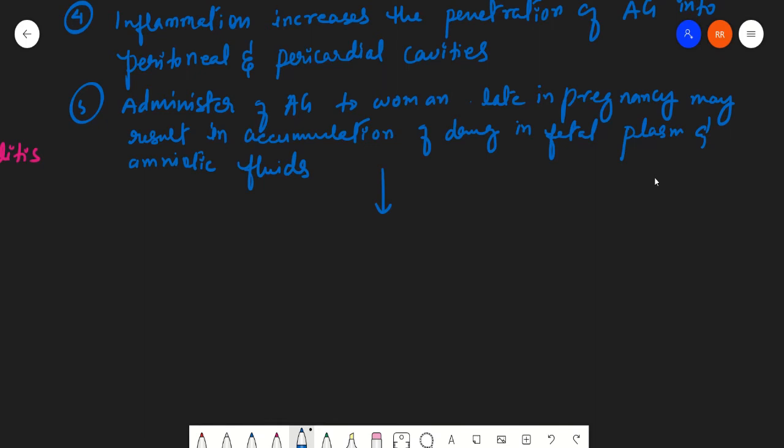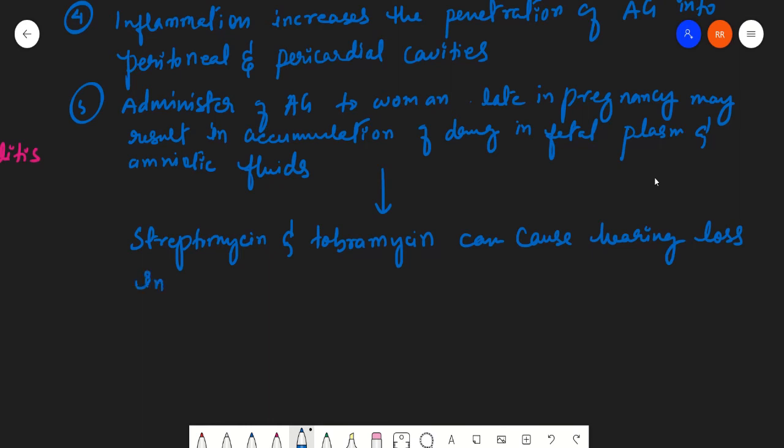So especially drugs like streptomycin and tobramycin can cause hearing loss in children born to women who received the drug during pregnancy.